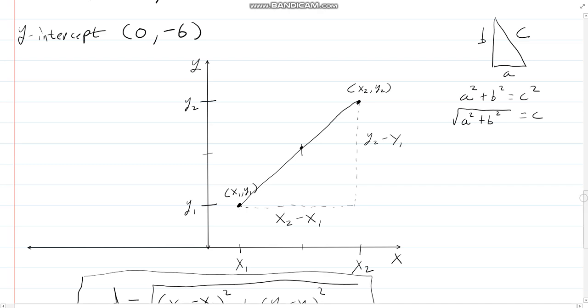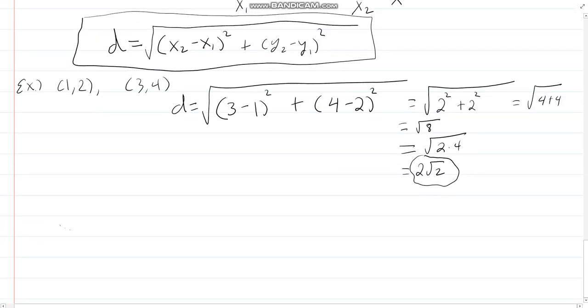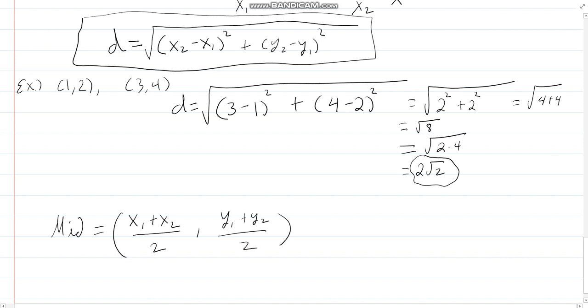Now, if we want to find a formula that will solve that for us, we can say that for the midpoint, we can just simply take the average of the points. So we can do x1 plus x2 divided by 2, y1 plus y2 divided by 2. If we average the x's and average the y's, we'll find what's in the middle.